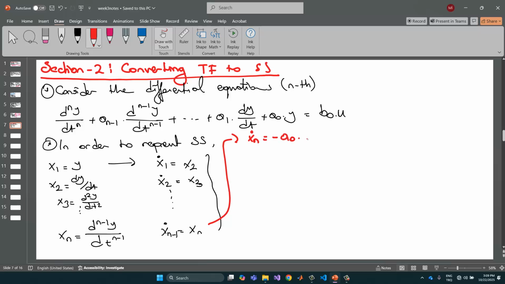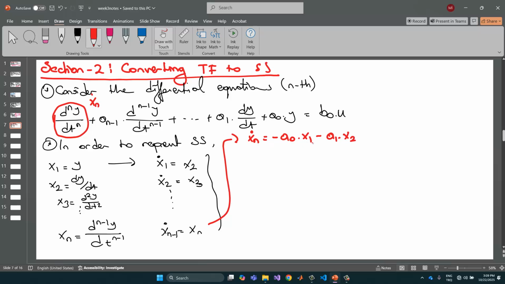Minus a0 x1 minus a1 x2, because this is the xn dot, right? And so every term is put in the right hand side, because a0y is transferred to the right hand side. This is minus xn dot, right, which is equal to what?